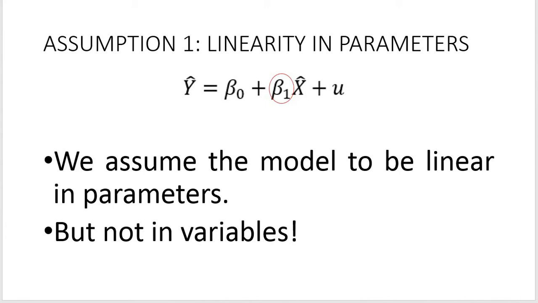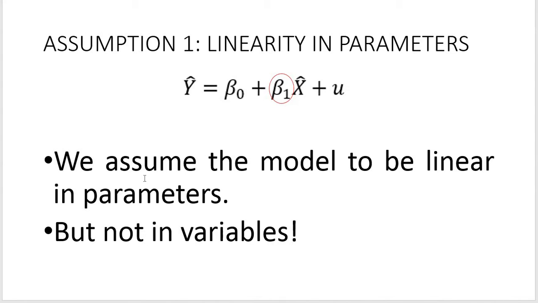First, we have to assume that the model is linear in parameters. Linearity in parameters means that all the coefficients in front of the independent variables are linear. So here you have beta 1, not beta 1 squared or log of beta 1.